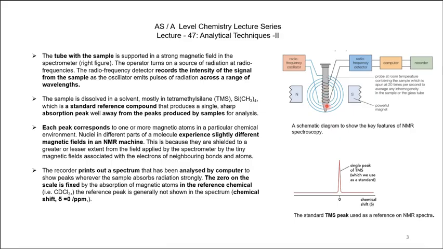We come to that later. We have the tube with the sample, a radio frequency source, and a magnetic field whose strength can also be varied. The radio frequency oscillator comes in, then we get a radio frequency detector and a computer decoding it. That is the schematic diagram of an NMR.